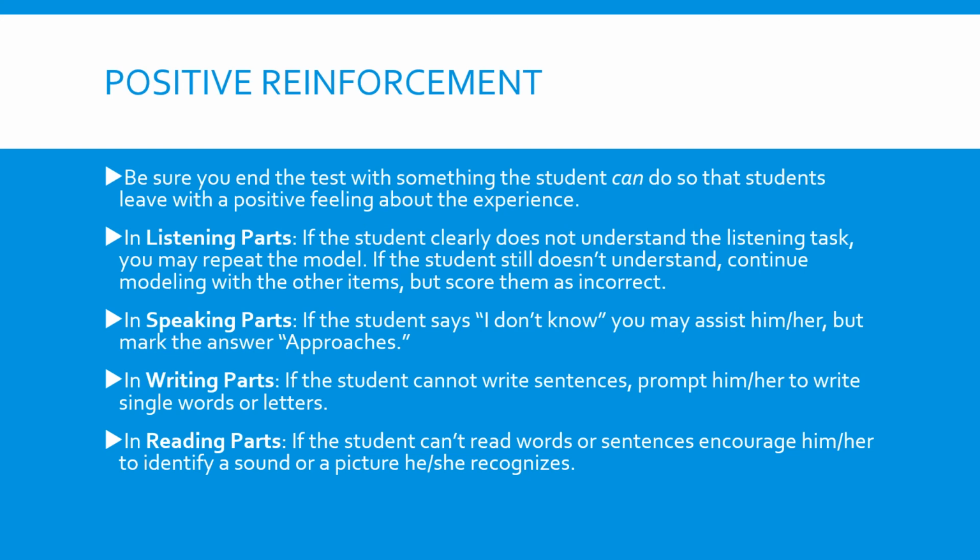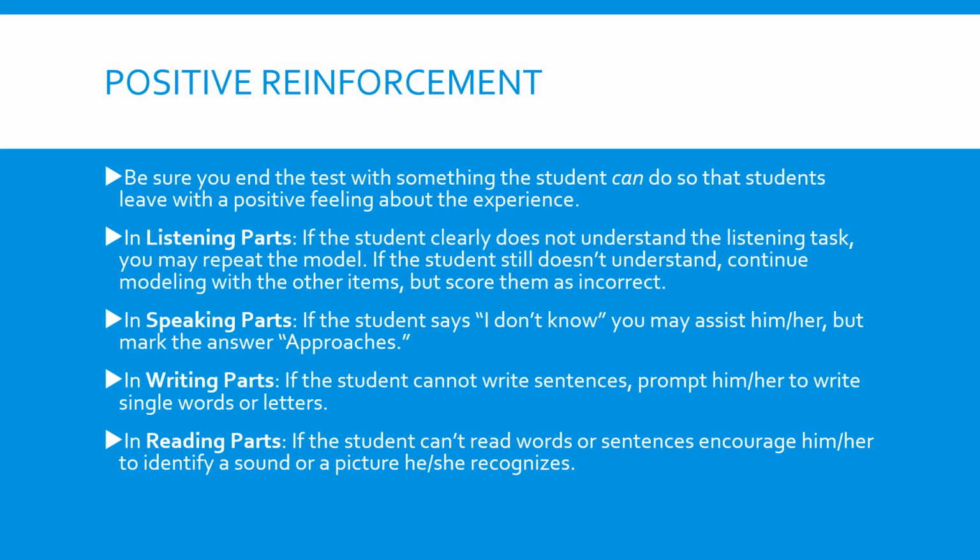Be sure you end the test with something a student can do so that the student leaves with a positive feeling about the experience. In listening parts, if the student clearly does not understand the listening task, you may repeat the model. If the student still doesn't understand, continue modeling with the other items, but score them as incorrect.